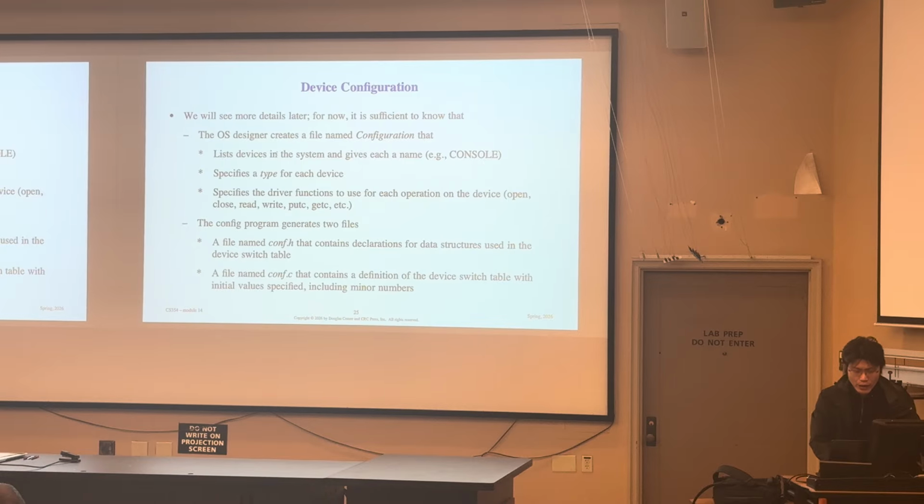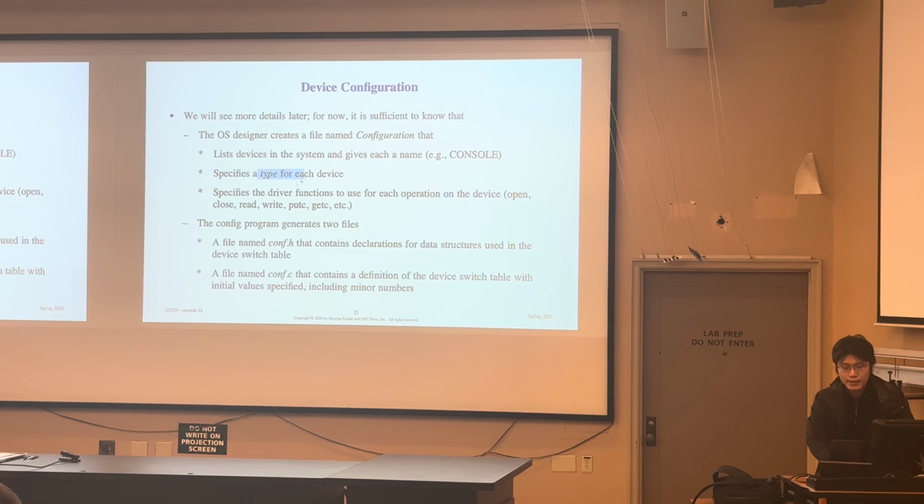I don't think we want to go through these details, but I would suggest you read the Xinu code yourself. This is what happens during system initialization when we configure these device drivers. So what is really done? During configuration, you list the devices in the system and give each one a name, like console, network, 0,0, 0,1. You specify the type for each device, and specify the driver functions to use for each operation.